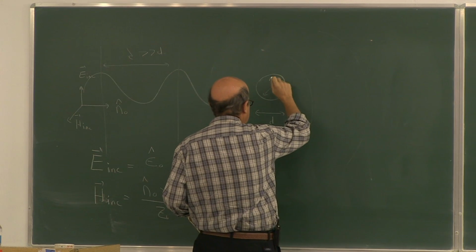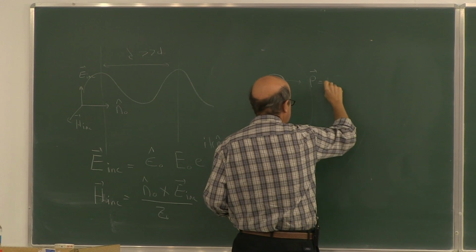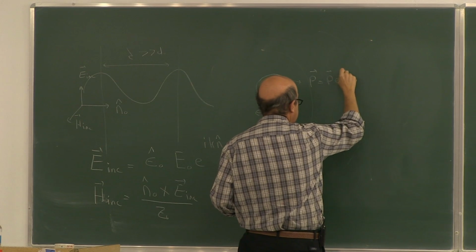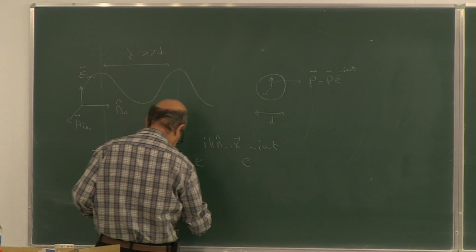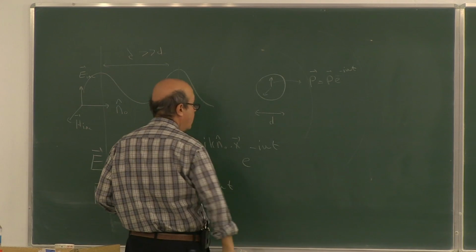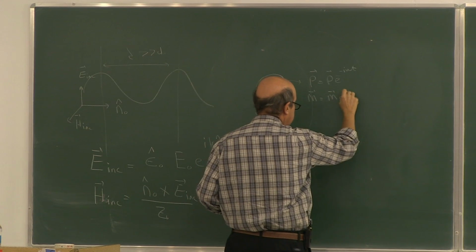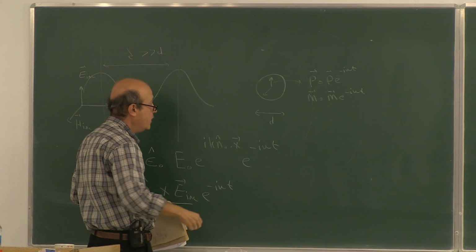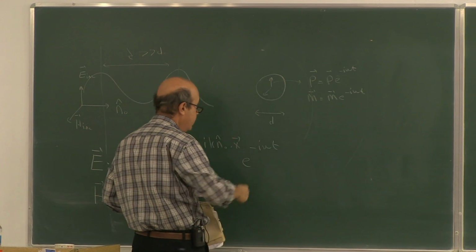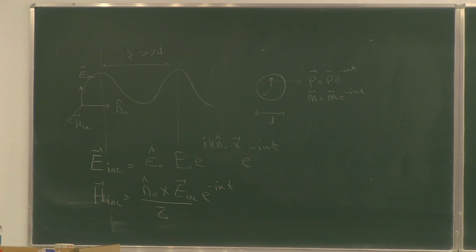So basically you will have some electric dipole moment oscillating at the frequency of the incoming wave, and some magnetic dipole moment oscillating with the same frequency. We know that if we have an oscillating electric dipole and oscillating magnetic dipole, we have radiation.